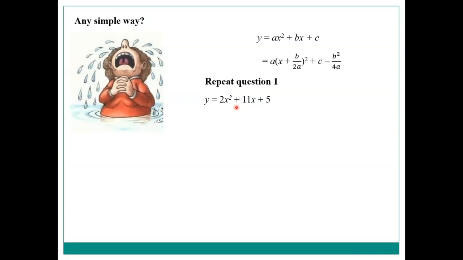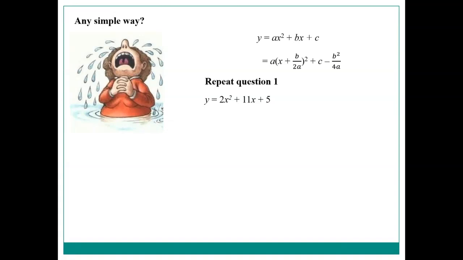What we need to do is to identify what is the a, the b, and the c. So a is equal to 2, b is equal to 11, and c is equal to 5. Now we can put all these values into this equation to find the completing square form.